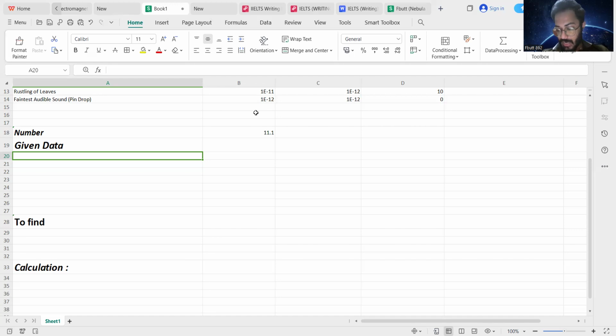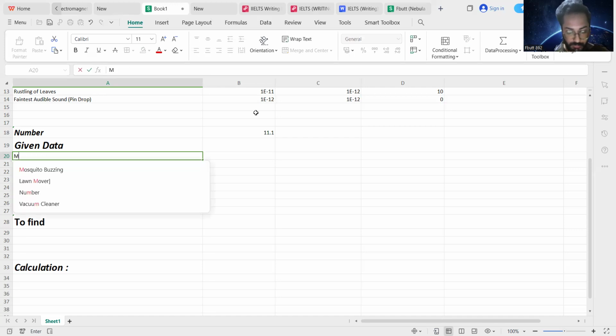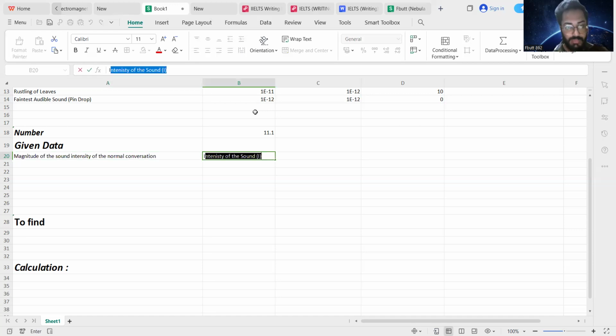The statement is: a normal conversation involves sound intensities of about 3 multiplied by 10 raised to the power minus 6 watt per meter square. Now, the magnitude of the sound intensity of the normal conversation, capital I, is given.